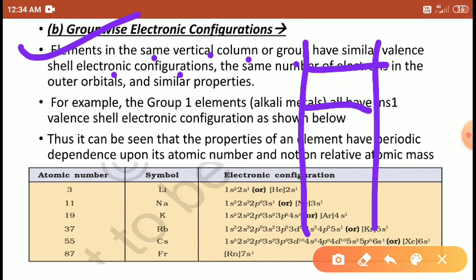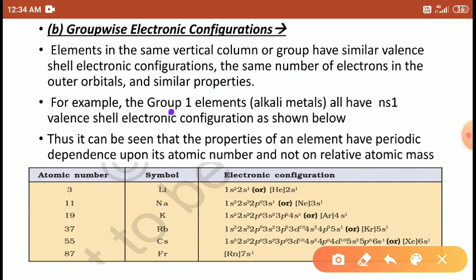Why? Because they are exhibiting the same property. So that's why all the elements have similar valence electrons.